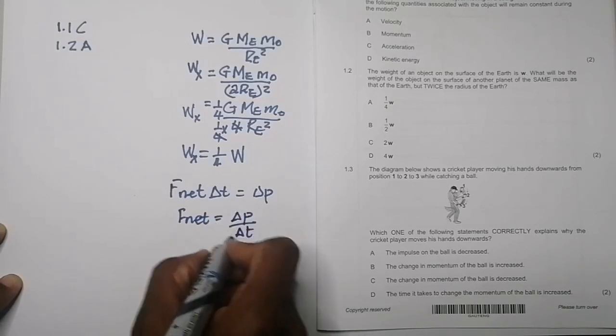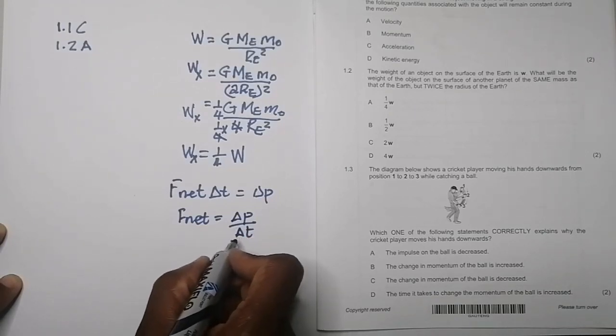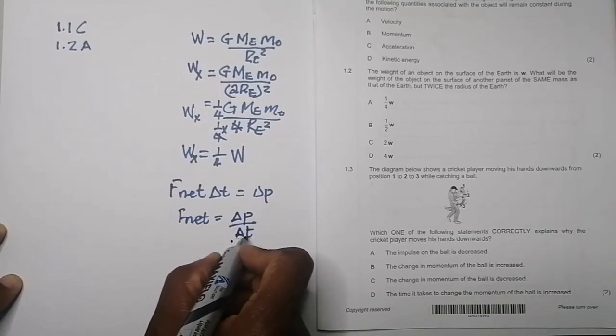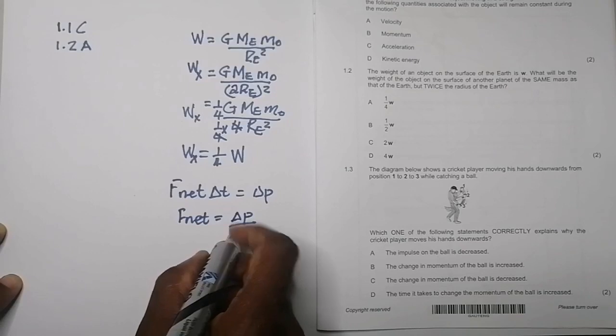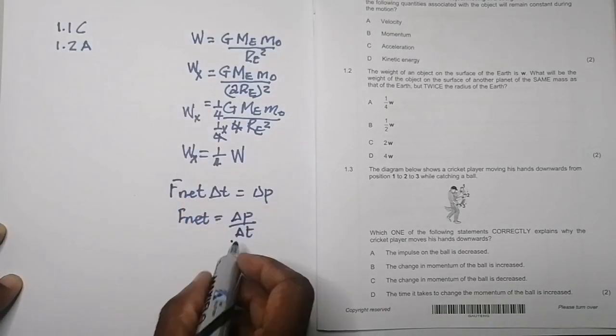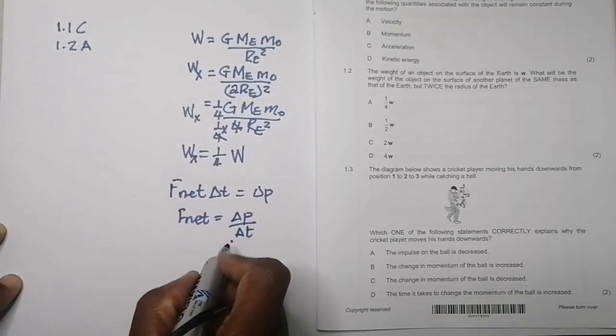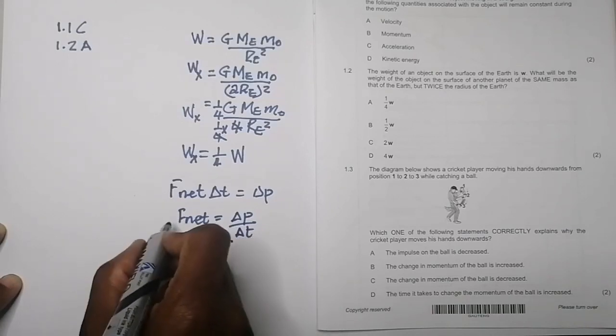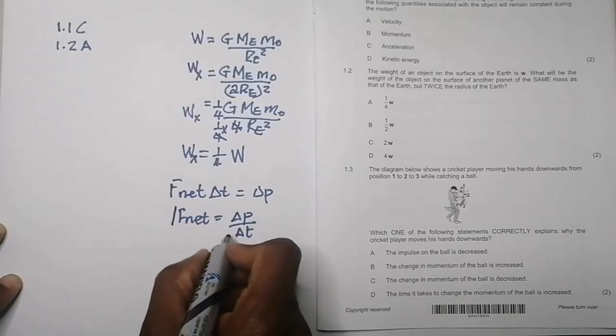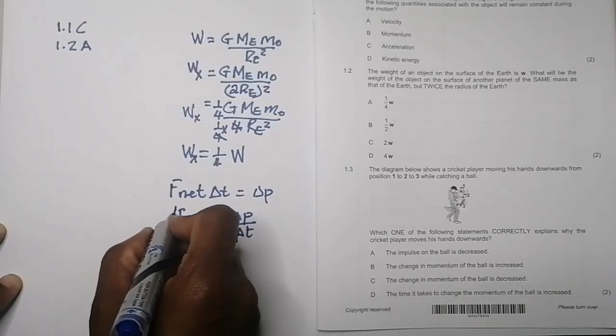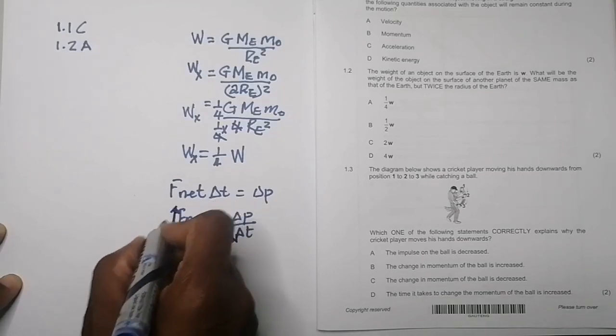So that time is short, and when that time is short for the ball to change momentum, coming from a high velocity to stop, it causes a large force. So when the time is less, the force of impact is much greater.